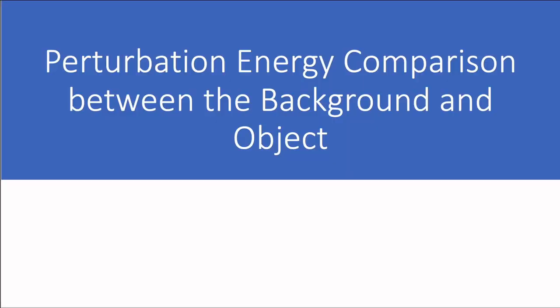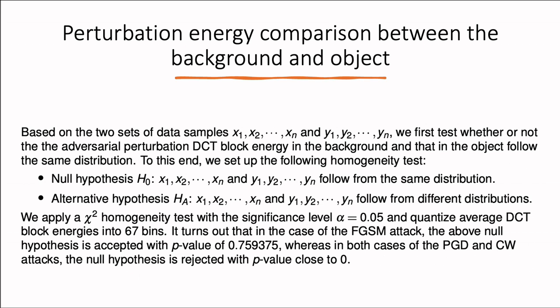We now use a statistical method to compare the adversarial perturbation energy in the background with that in the object. As mentioned before, we segment the object relative to the background using EigenCam as the segmentation method.